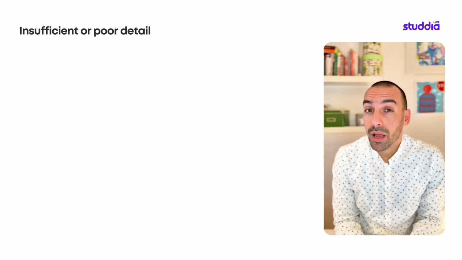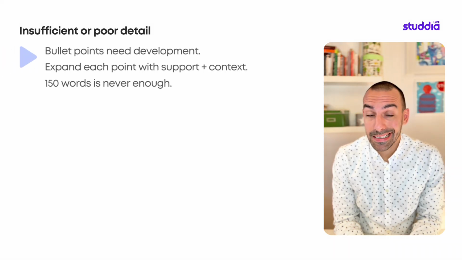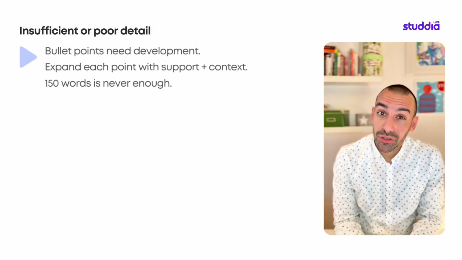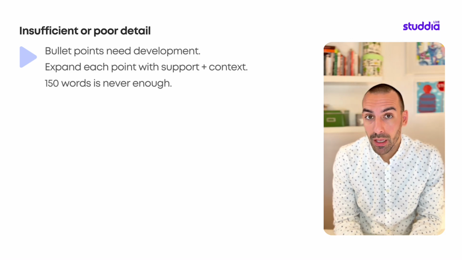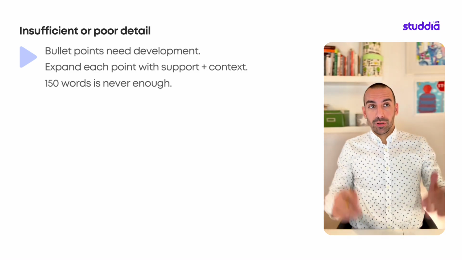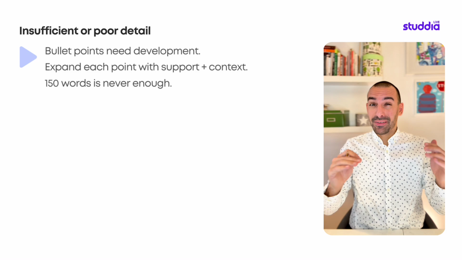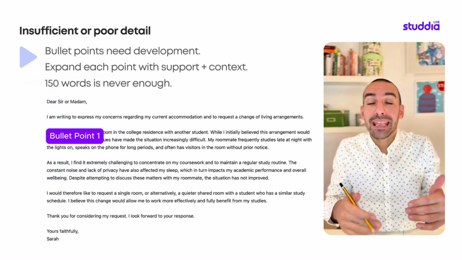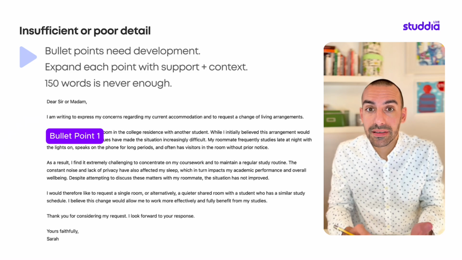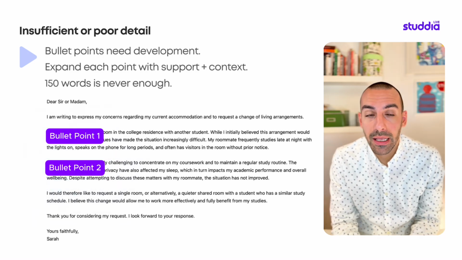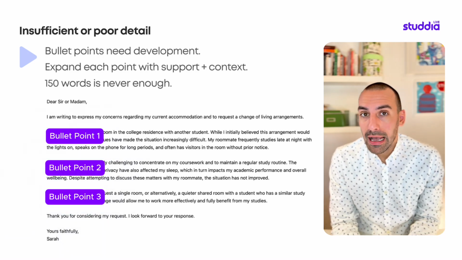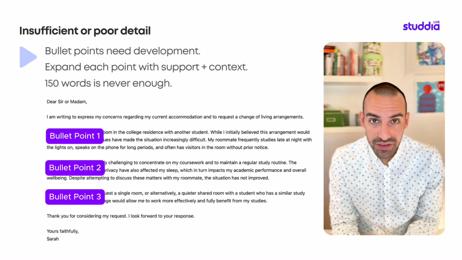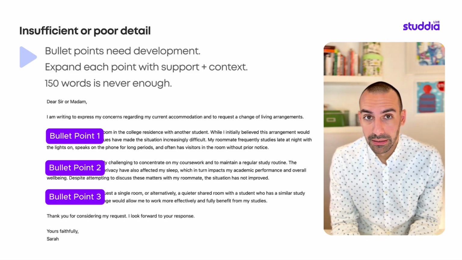A very common problem at band 5 and band 6 is insufficient or poor detail. The bullet points give you structure, but the development of ideas is your responsibility. You need to expand them with your own ideas. This is where you get to be creative. If you write only 150 words, you almost certainly haven't developed the letter properly.